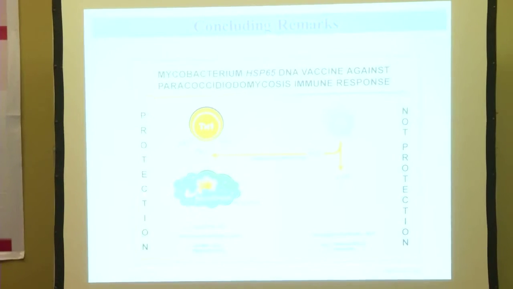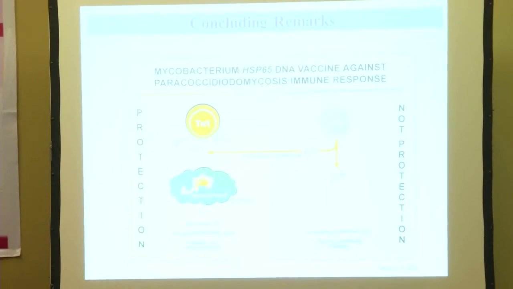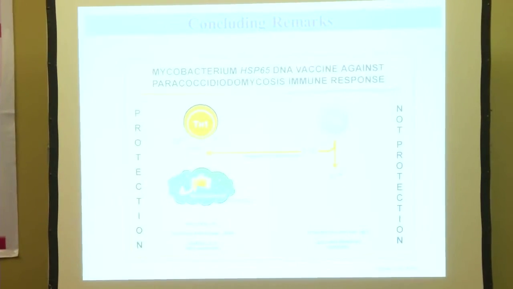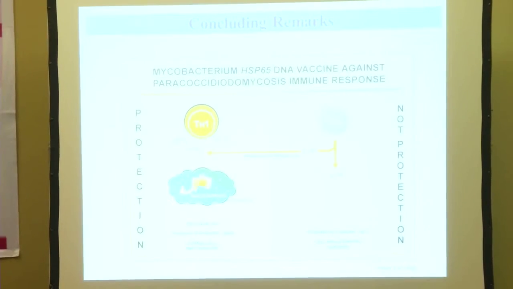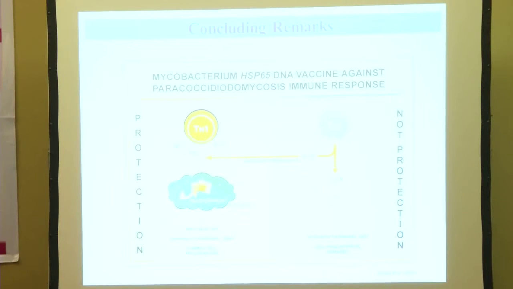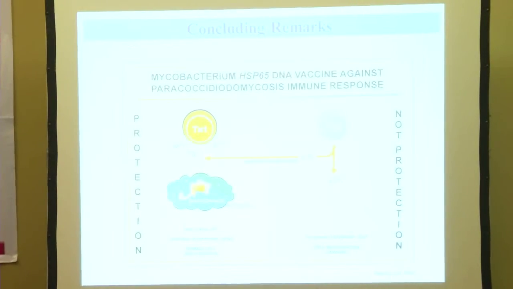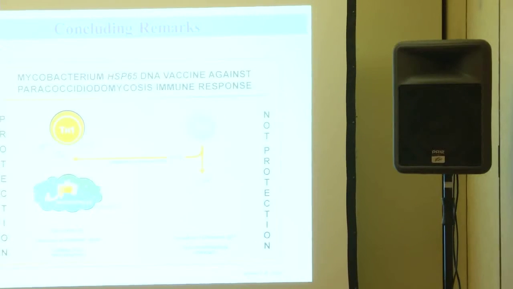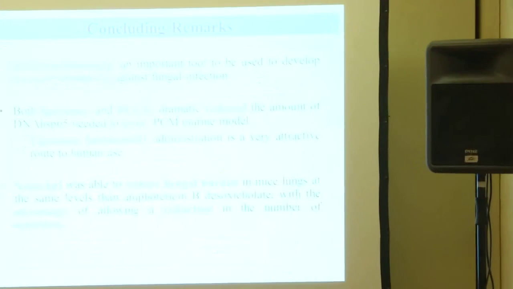We believe it happened because the macrophages or dendritic cells capture these nanoparticles and then activate the immunological system, producing protective cytokines such as IL-12 or interferon gamma, resulting in better protection of the mice.